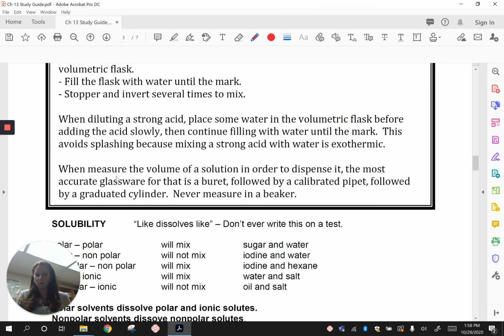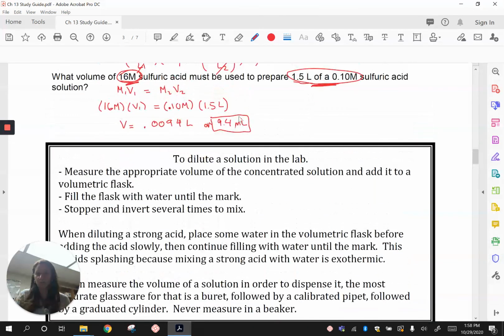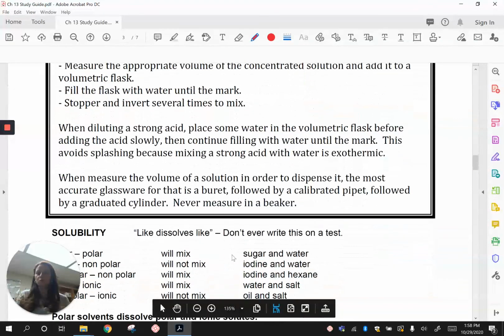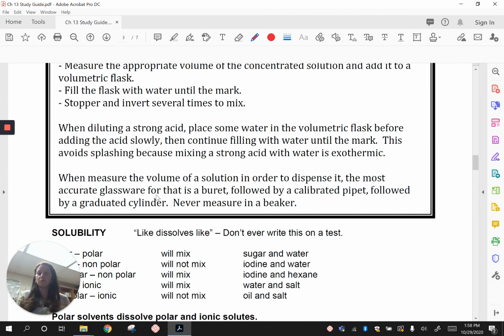When you measure the volume of a solution in order to dispense it, so when we're trying to measure the 9.4 milliliters here, you want to get the most accurate or precise glassware for that. And so the best one would be a burette.